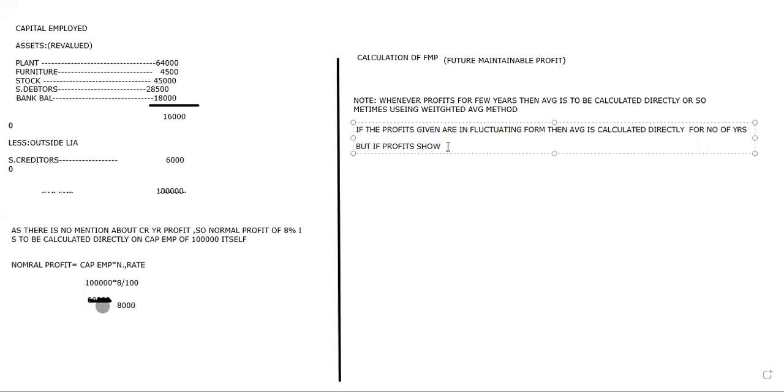Okay, fine. Now, but if profits show a continuous increase or continuous decrease, then the weighted method is to be applied for calculating average profits.